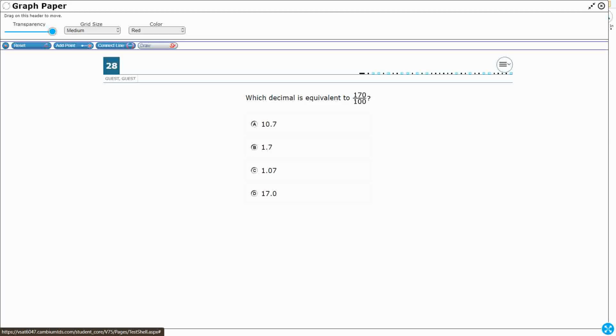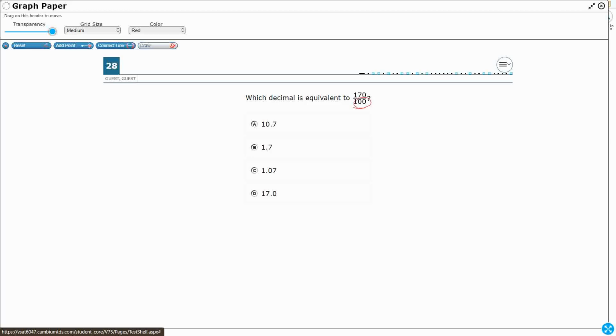So this is how I would teach them, right? What is our denominator? Hundredths. All right, so we're going to build a decimal. We're going to go to the hundredths place, and let's label our place value, right? That's the ones place. That's the tenths place. We can label it as a decimal, as a fraction. That's the hundredths place. Label it as a decimal and a fraction.